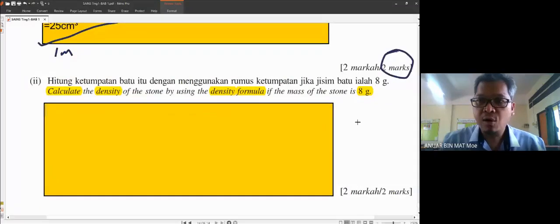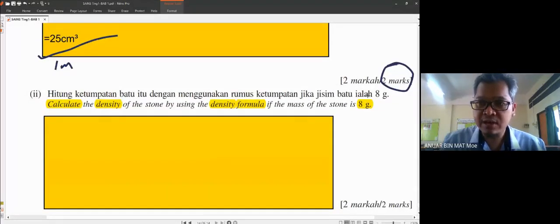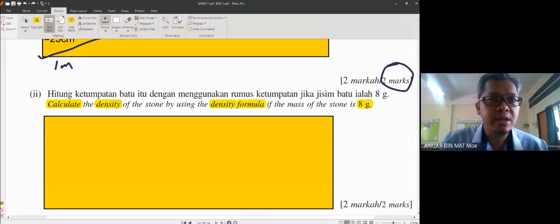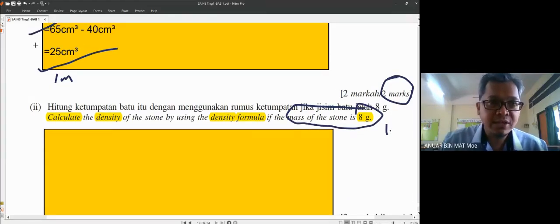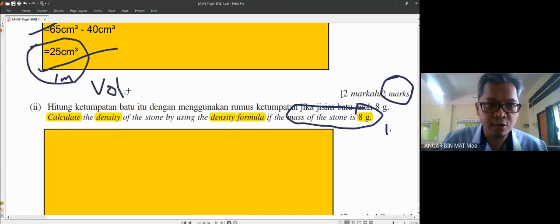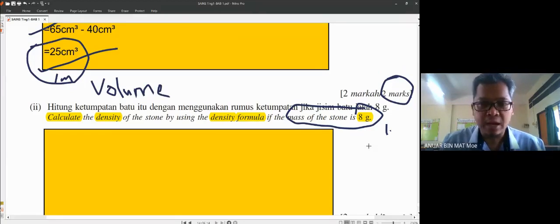The information given is the first, the mass of the stone, 8 gram, and the other is the volume of the stone, 25 centimeter cubic.